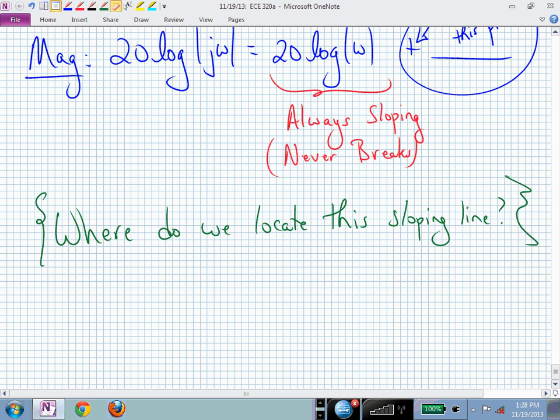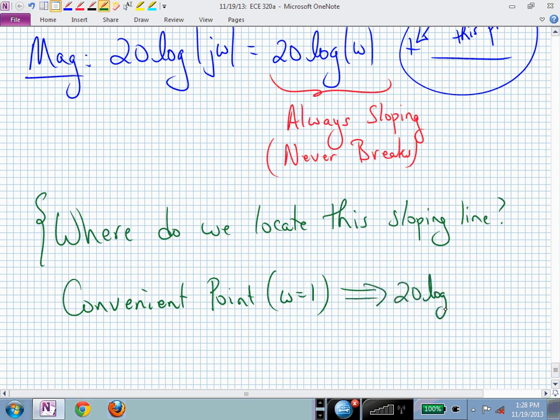A convenient point might be omega equal to 1, wouldn't it? Because we know what the log of 1 is. That's 0, isn't it? So we know at omega equal to 1 that we have a value for this sloping line of 0 dB.